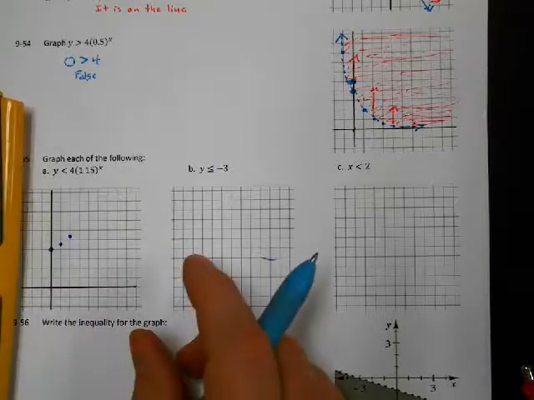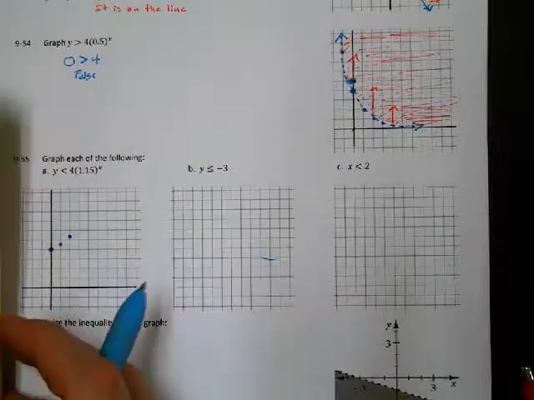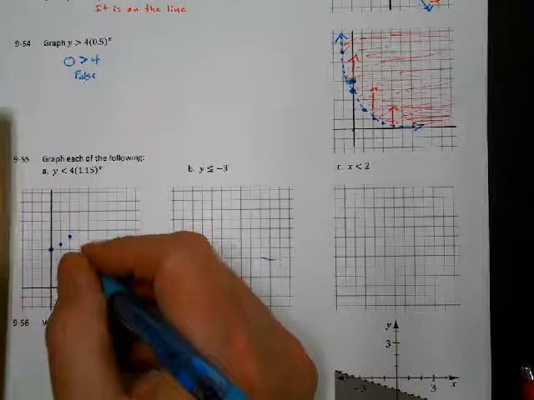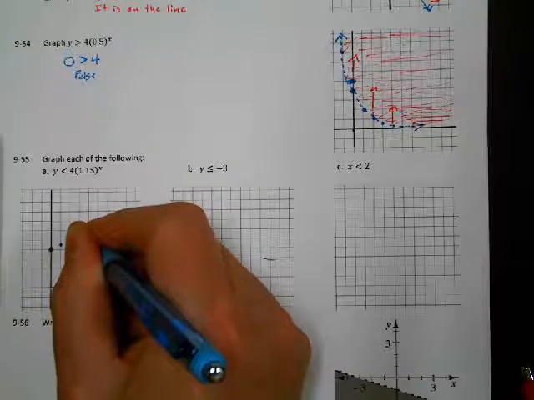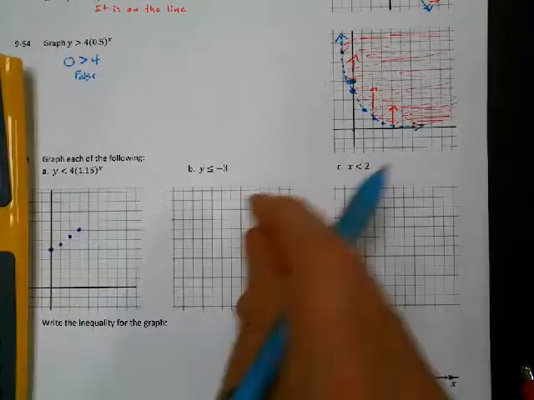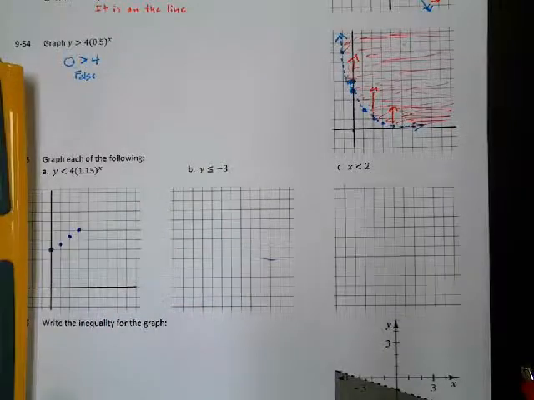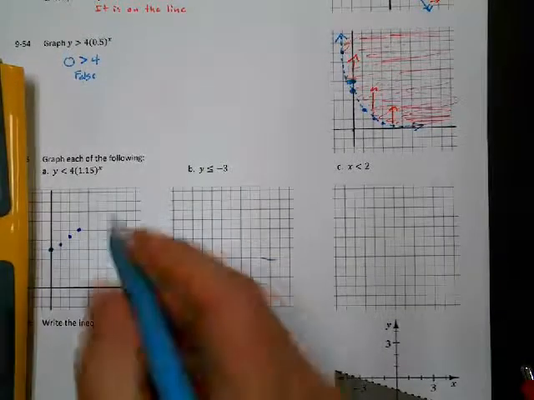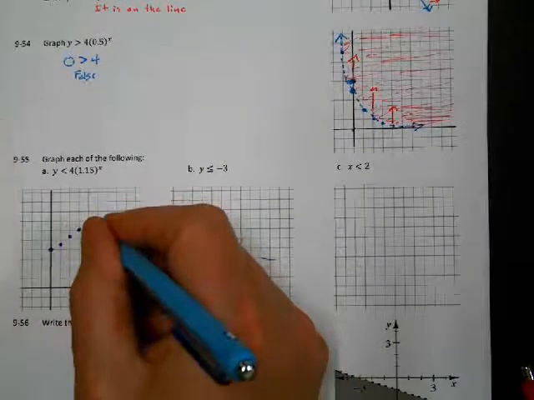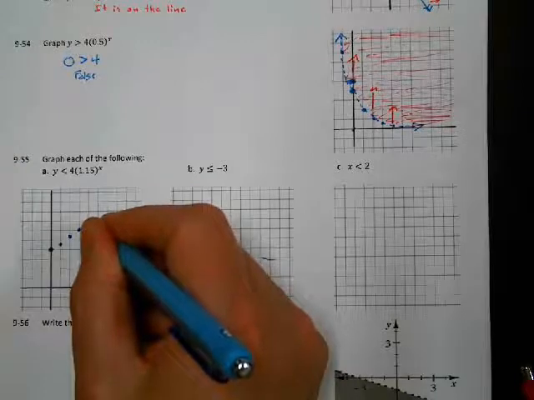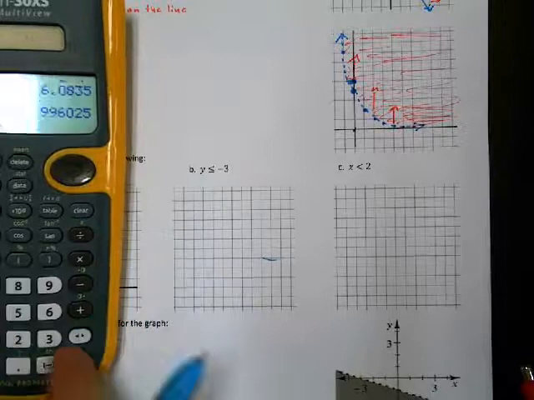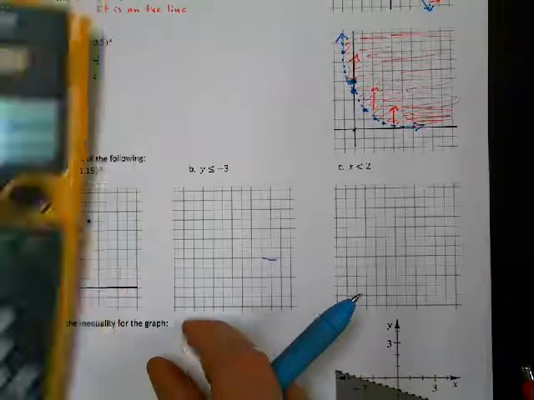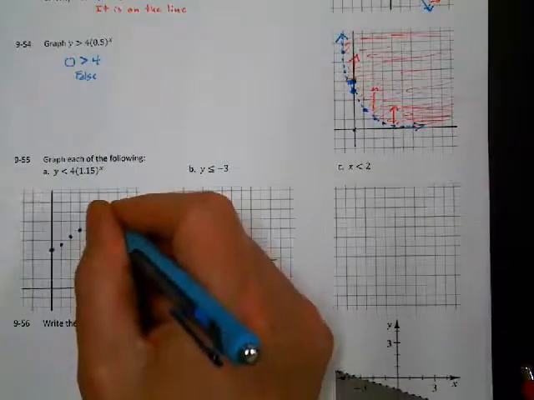That's given me 6.08. So this point would be right at a little bit above 6 times 1.15. And I get 7, pretty much. Times 1.15. I get an 8.04. So this is 8.04-ish right there.